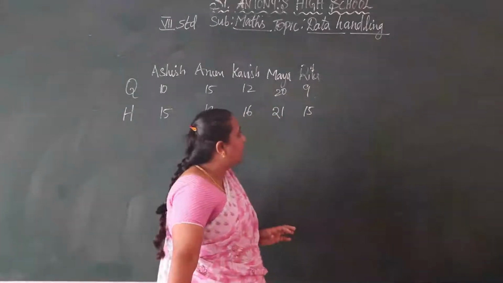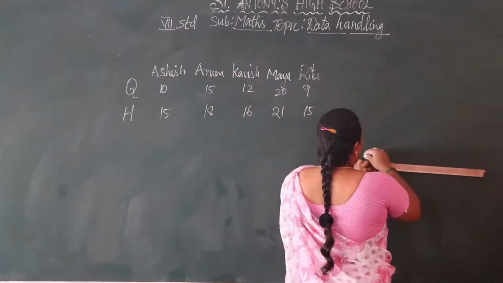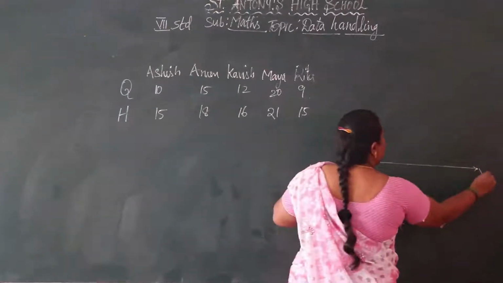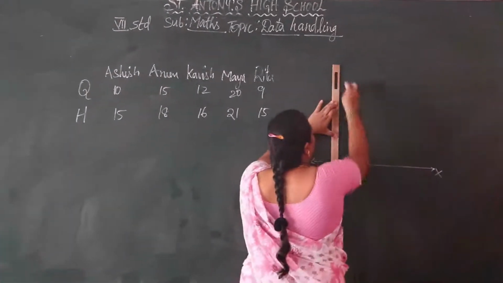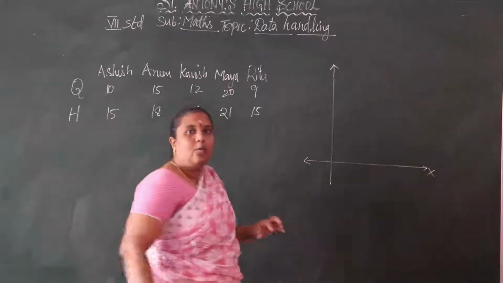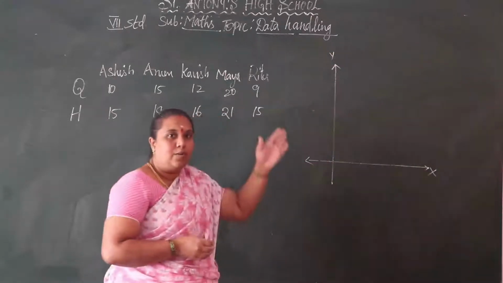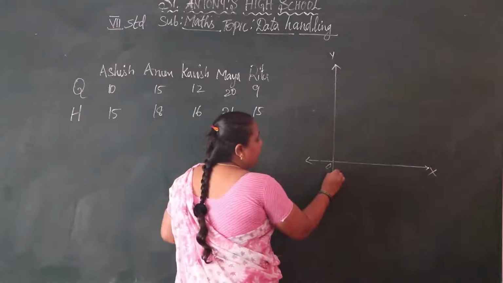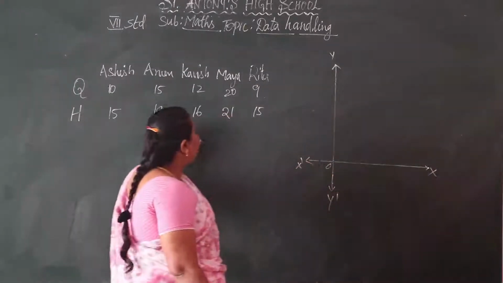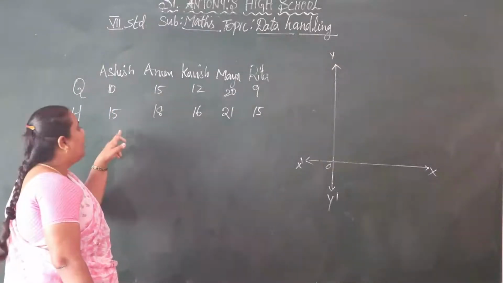Double bar graph. For this, first we have to draw the x-axis and y-axis on the graph sheet. So this is the x-axis and this is the y-axis. We have to take frequency on the y-axis. So what is the frequency here? The data given for quarterly and half-yearly.